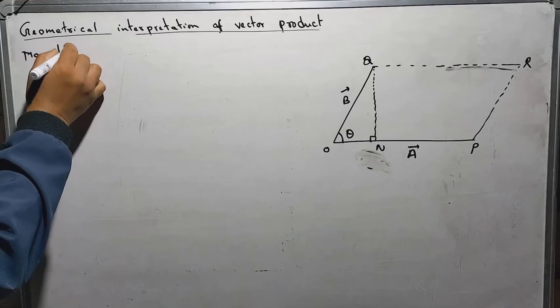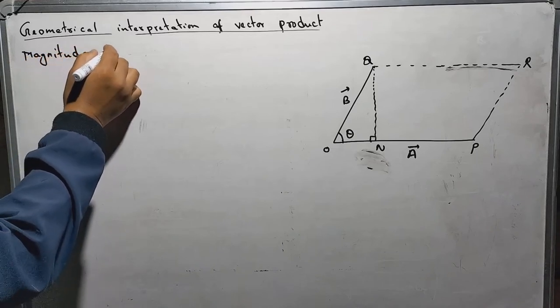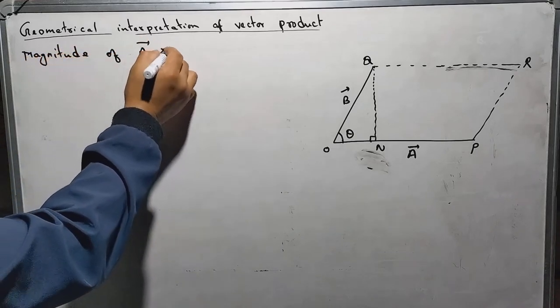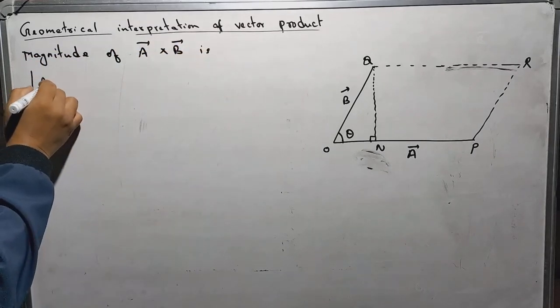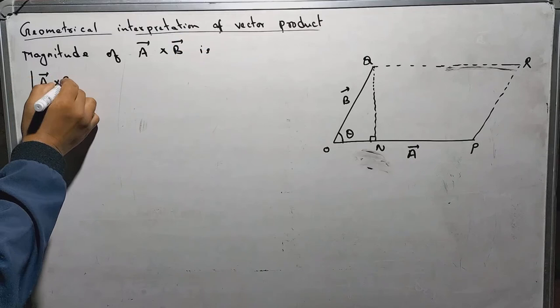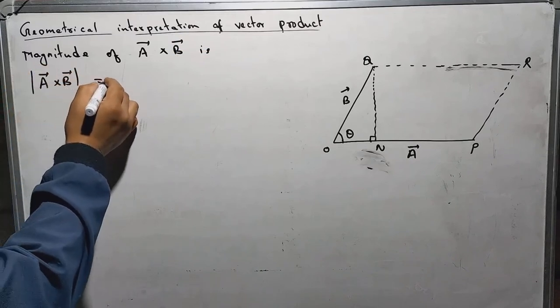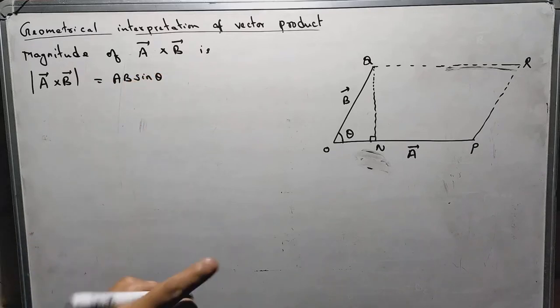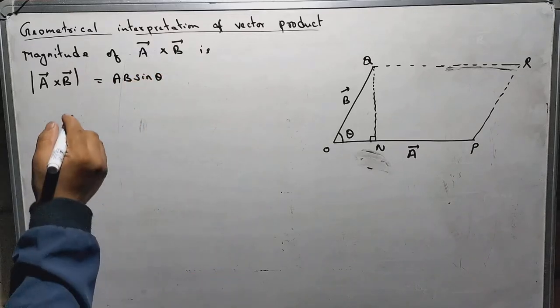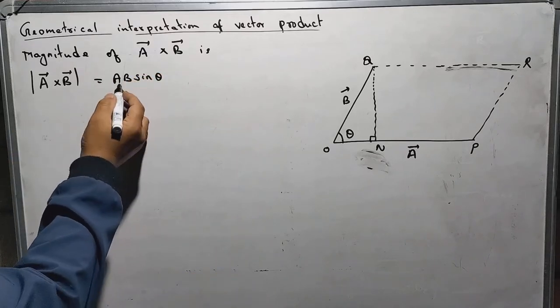Magnitude of A cross B is equal to modulus of A cross B, or AB sine theta. This we have seen in the previous video. Again, what is vector A?